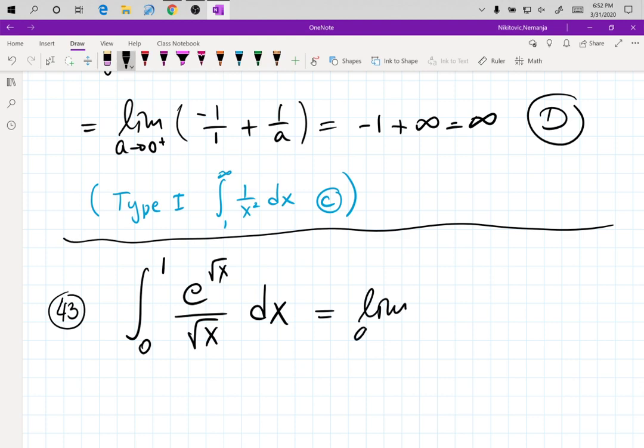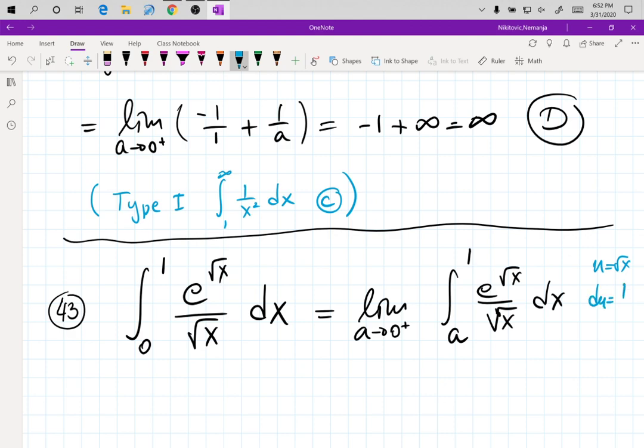So limit a goes to 0 plus, we are approaching from the right again. And we have the integral from a to 1 of e to the root x over root x dx. Now, u sub should be obvious to you by now. u is root x, and du is 1 over 2 root x dx.